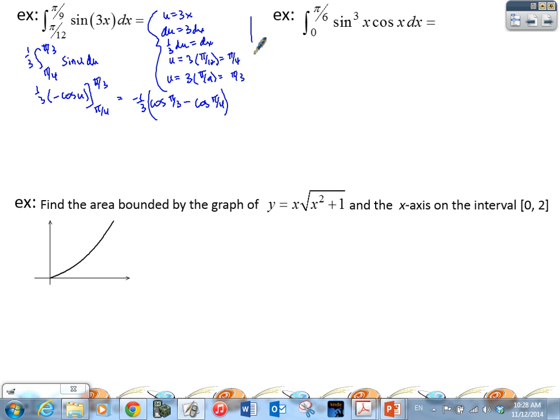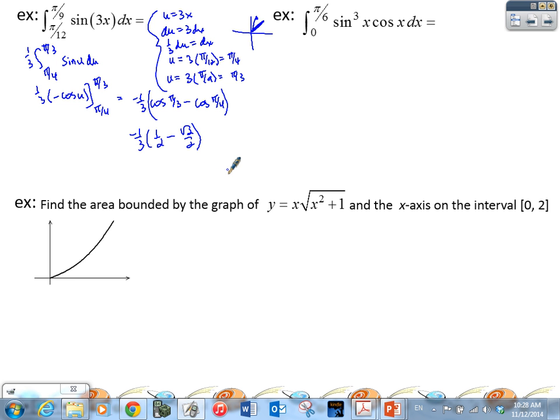Okay, so unit circle. Cosine of pi over 3, that's this one up here, would be 1/2. And pi over 4 would be that 45-degree angle right there, which would be root 2 over 2. Now, since we are a bunch of little fractions, you can leave it like this.